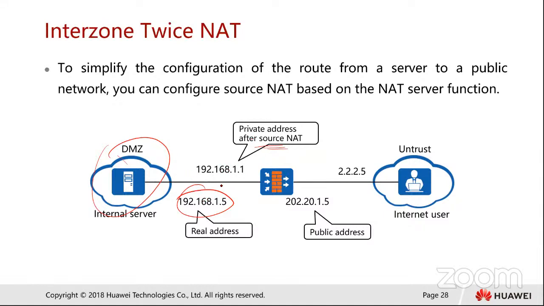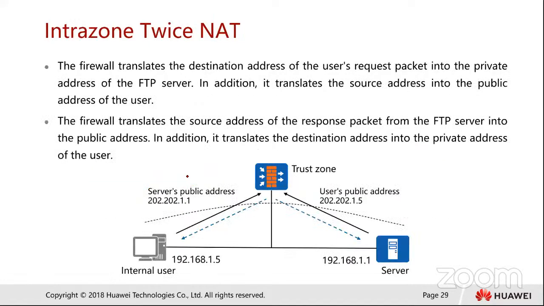You have your source NAT, and the source NAT will translate it into a private address, which is also translated, and then to a public IP address. So we have a twice kind of translation, and this will also help you to achieve better security. When the packet comes through, it will have to be translated first into the public address, and then later on translated to the real address.